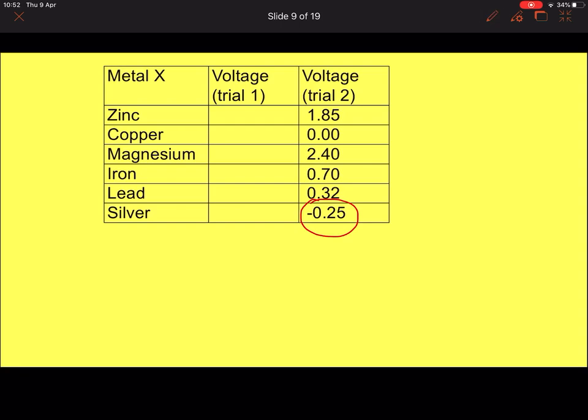Now, bearing in mind that we said the most reactive, the bigger the difference in reactivity, there's going to be a larger voltage created. Can you put these 6 metals in order of reactivity based on the voltage they've created?